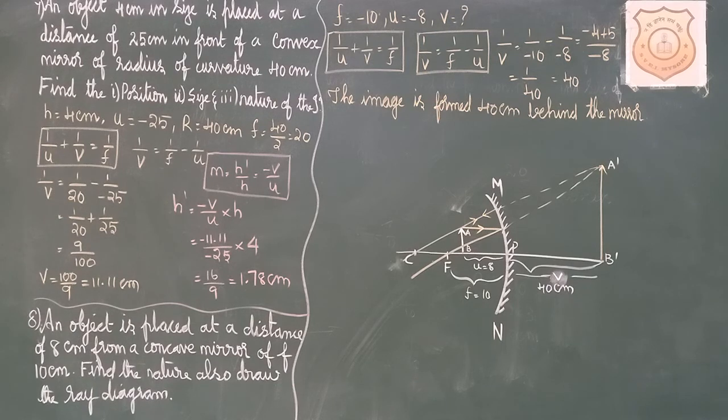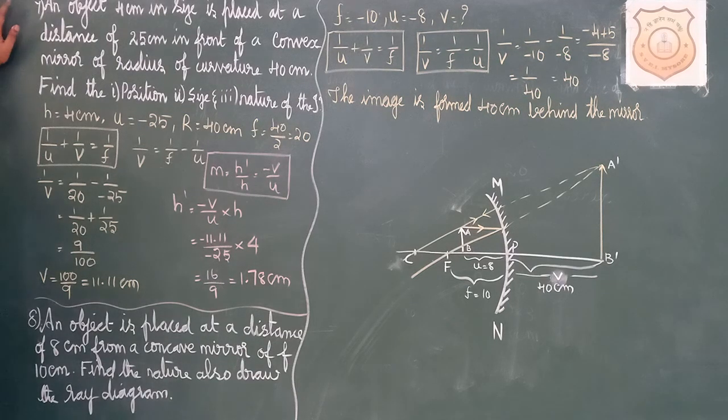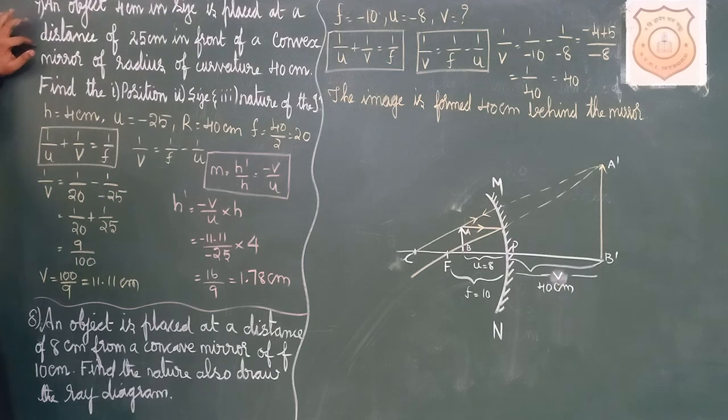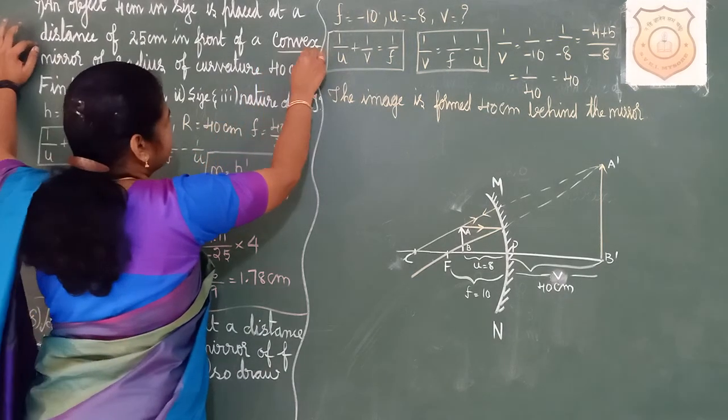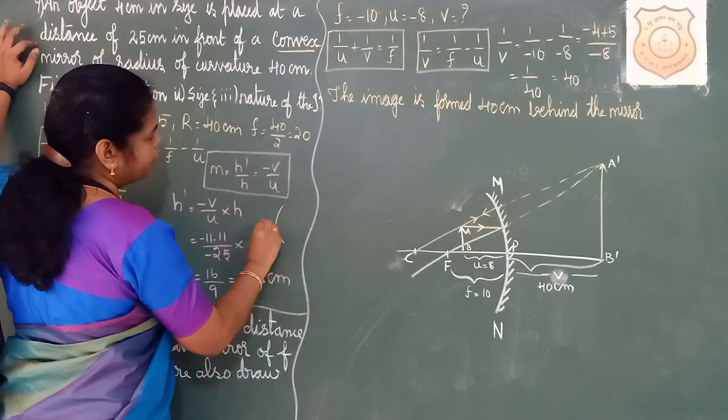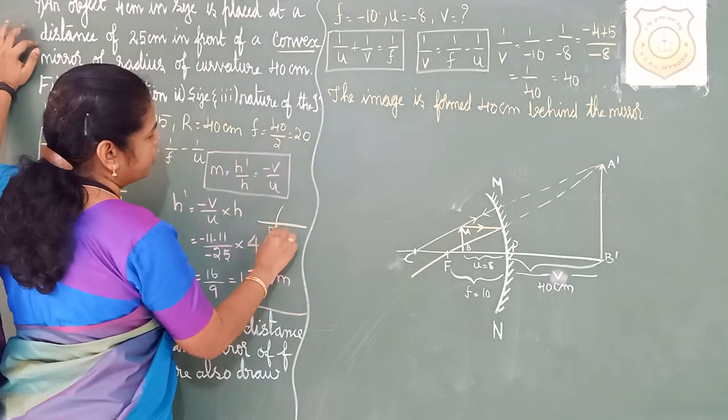See the next numerical. An object 4 centimeters in size, object height is 4 centimeters, is placed at a distance of 25 centimeters in front of a convex mirror. The mirror we are using is a convex mirror.